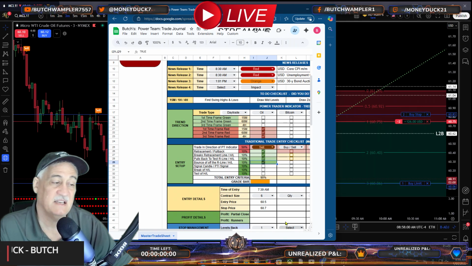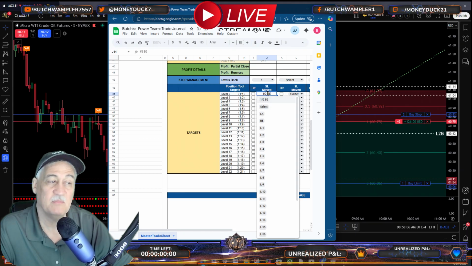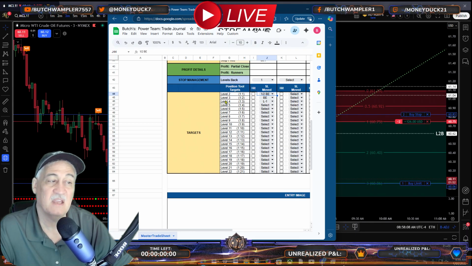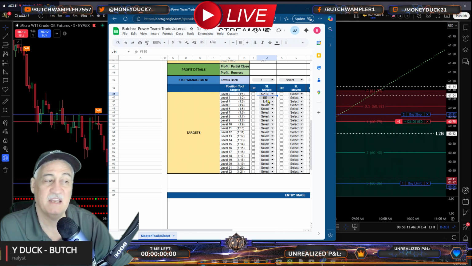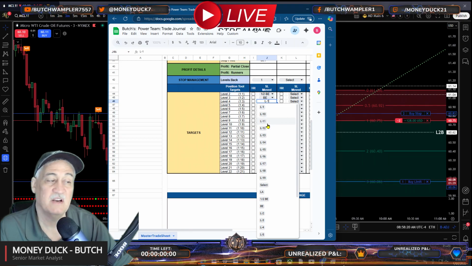So basically, again, pre-plan your moves. When it hits level 2, I'm going to move my stop to the halfway point. When it hits level 3, I'm going to move my stop to break-even. When it hits level 4, I'm going to move my stop to level 1 or level 2, whatever it may be.